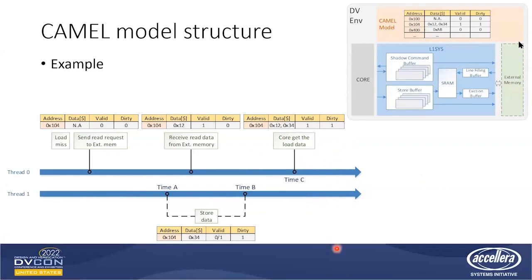So they're both acceptable, but the RTL will give a certain data based on the timing, and we do not know the timing. So the CAMEL model will record both of the data values into the data queue, and when the RTL read data appears, we compare it to both.